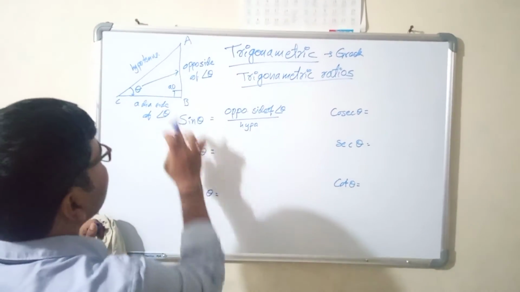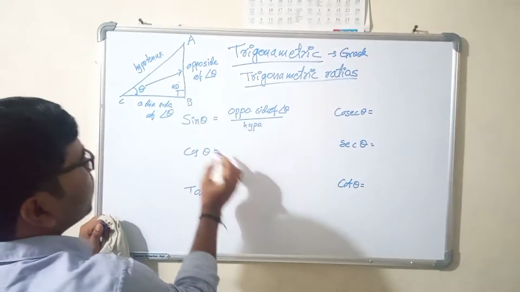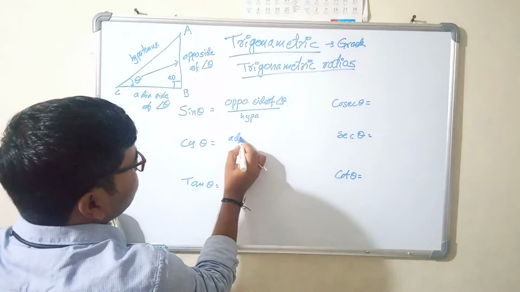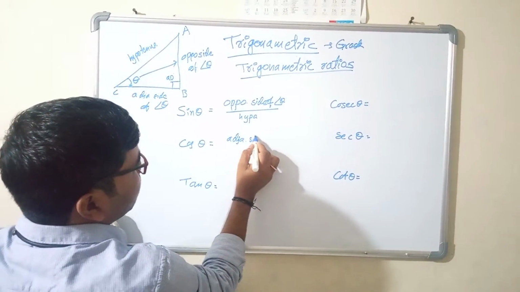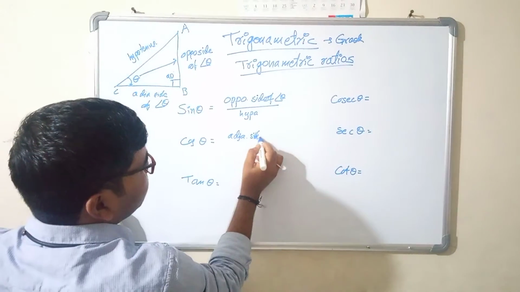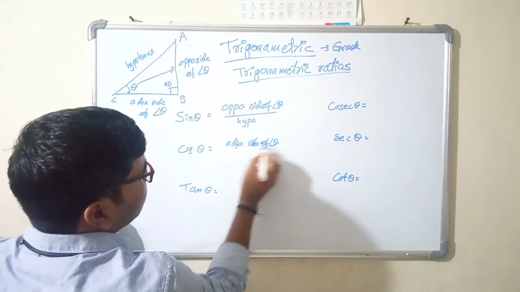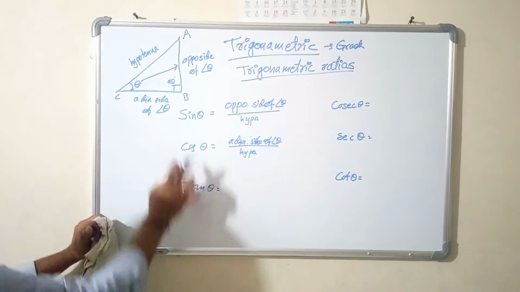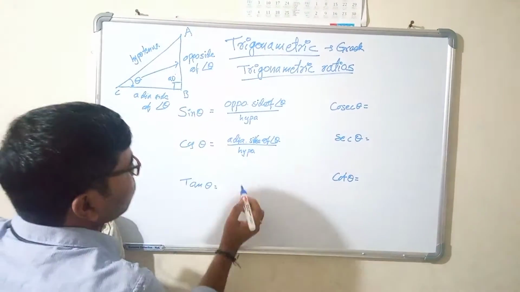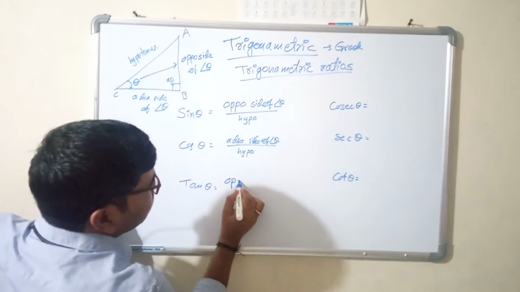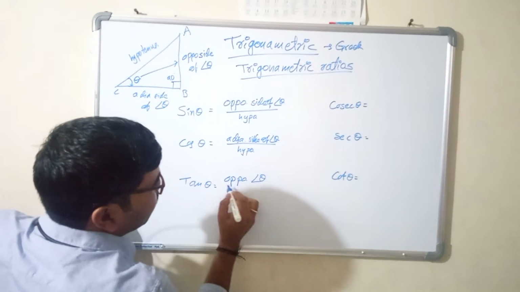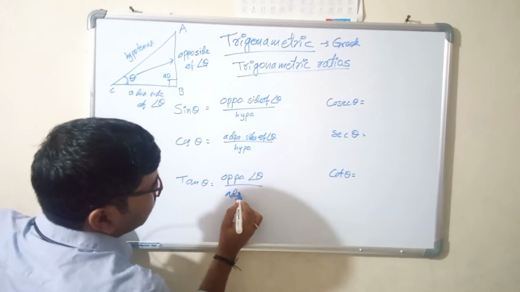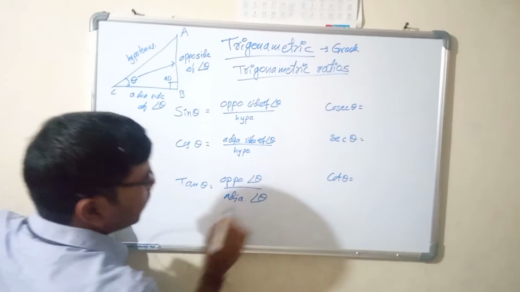Next, cos theta is the ratio of the adjacent side of angle theta by the hypotenuse side. Next, tan theta is the ratio of the opposite side of angle theta by the adjacent side of angle theta.